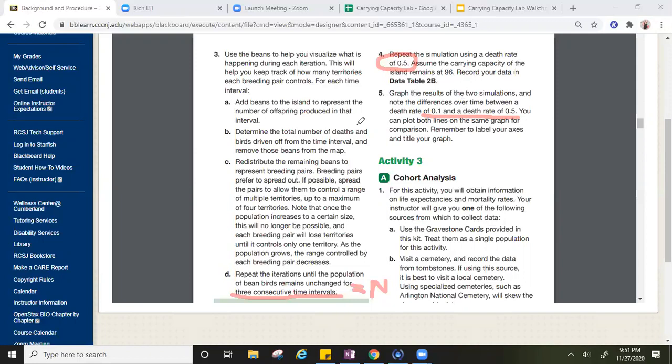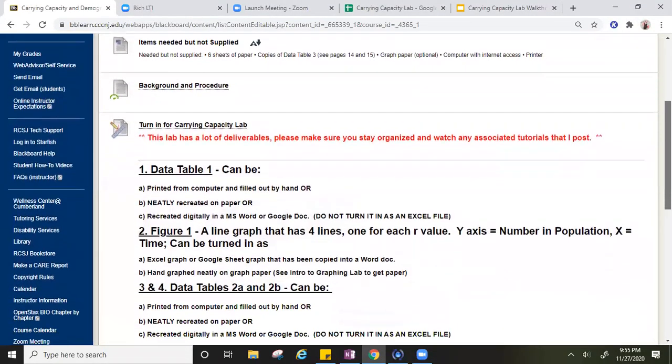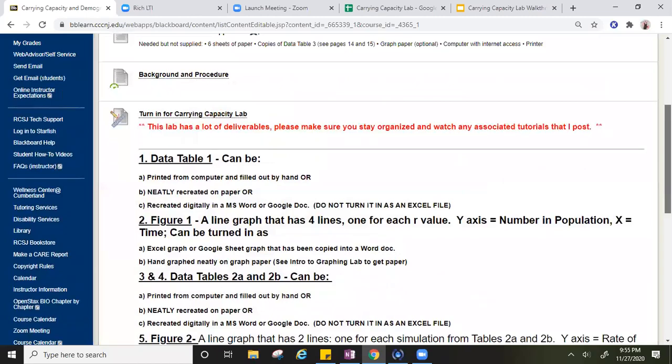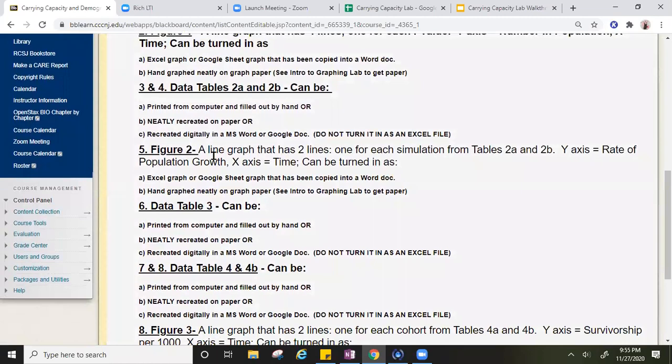So if you take a look back at the instructions for the lab, it tells you exactly how to label your X and Y axes. So let's take a look at that real quick. So right here at your deliverable, at your turn in button for the carrying capacity, it does tell you, for the activity that we just saw, you're going to fill out the data tables, and then that you're also going to create what's called figure 2.